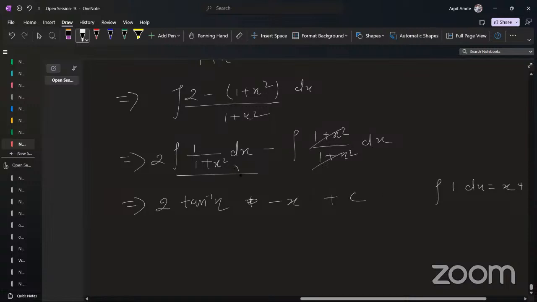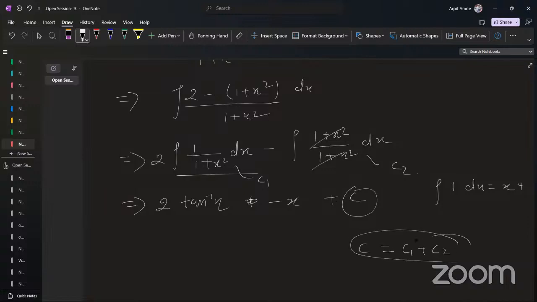Someone will say, sir, here we will get another constant c1, here another constant c2, so why are you writing this constant c only? Because we have already assumed that c equals c1 plus c2. Okay, no issue.